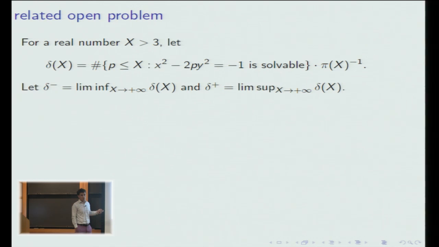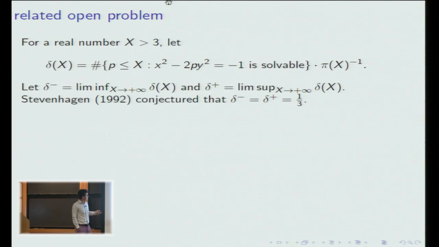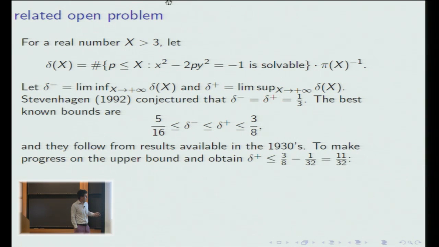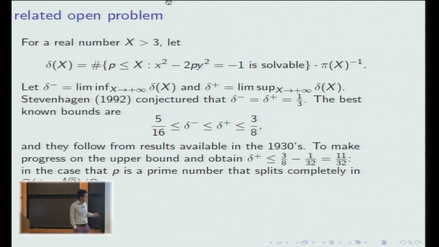The methods are closely related to what I described so far. The conjecture is that the density of such primes p is 1/3, and the best known bounds are 5/16 and 3/8.